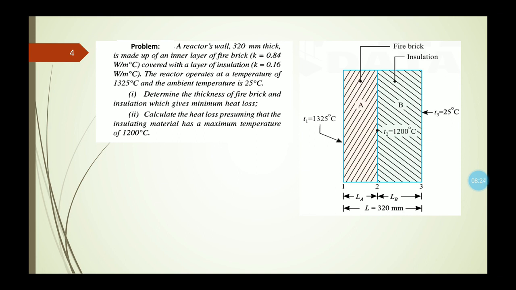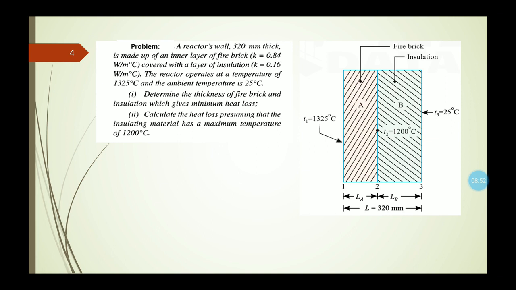The thermal conductivity is given as 0.84, covered with a layer of insulation, and for the insulation layer the thermal conductivity is also given. The reactor operates at a temperature of 1325 degrees centigrade and the ambient temperature is 25 degrees centigrade.